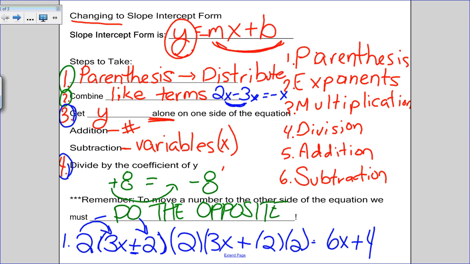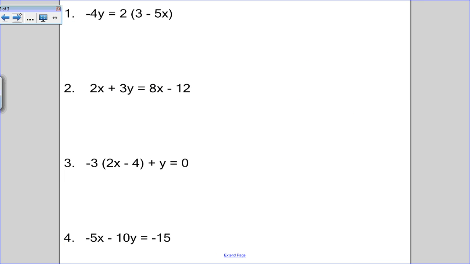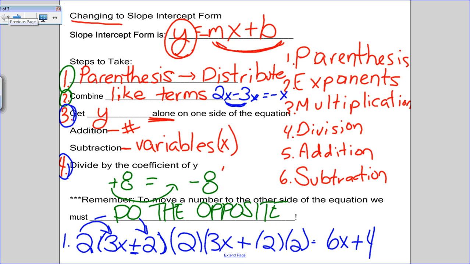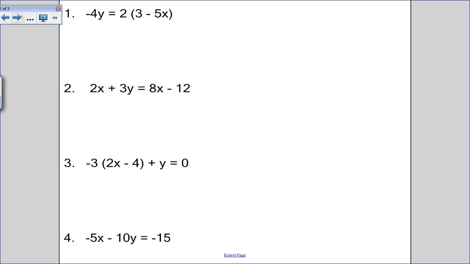Okay, back to our steps over here. The first one says we're looking for parentheses or anything that we can distribute. Do you see parentheses in problem number 2? No, it doesn't look like we have any, so let's go back. Now we need to combine like terms. So if we have 2 x's out there, or plus another 2 x's, we need to combine them, or y's need to go together, okay?